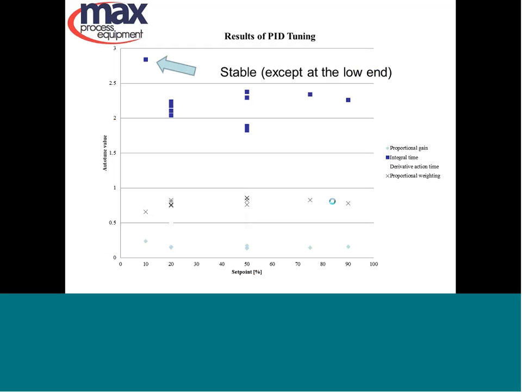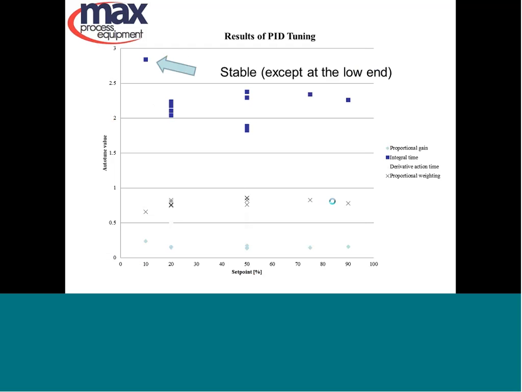So Bill brought up a very important point. How do we know that we have a stable PID controller and that it would be stable over any of the set point values that we anticipate? We expect it to run on a set point range of 0 to 90%.